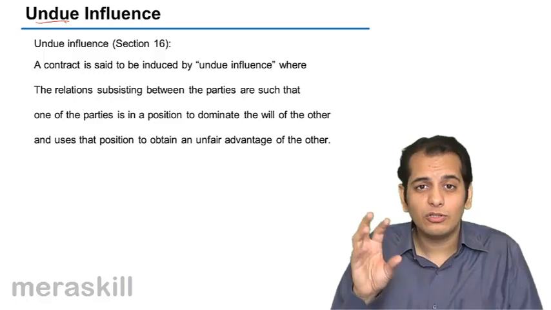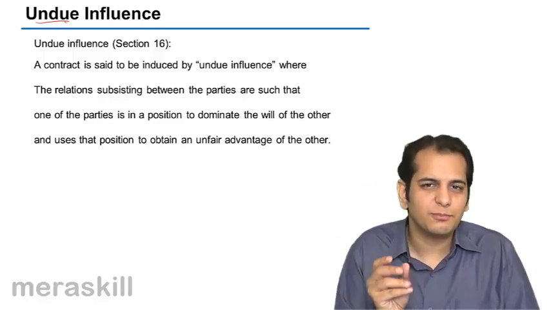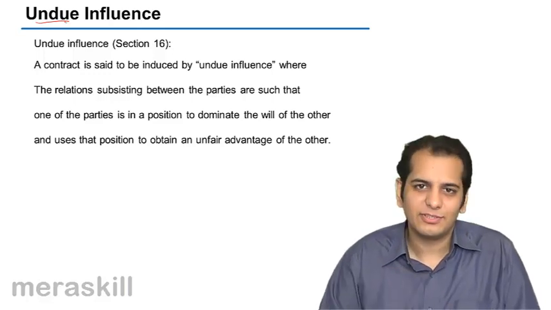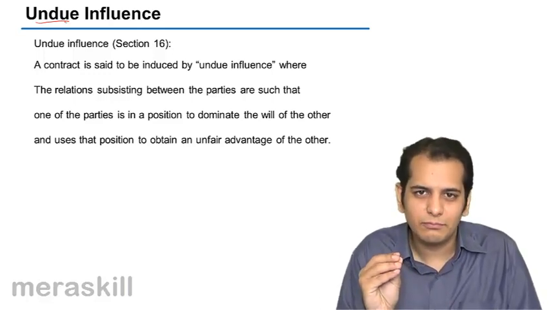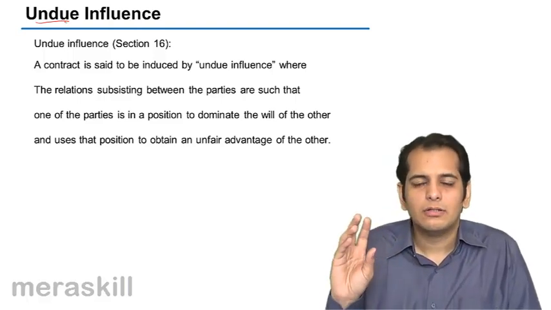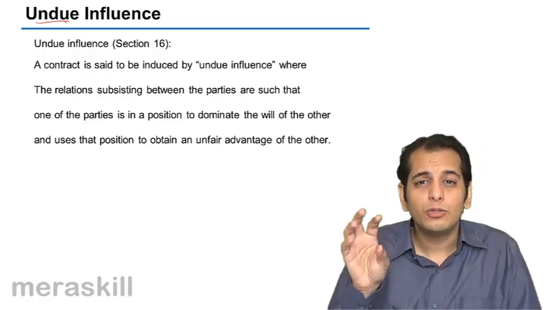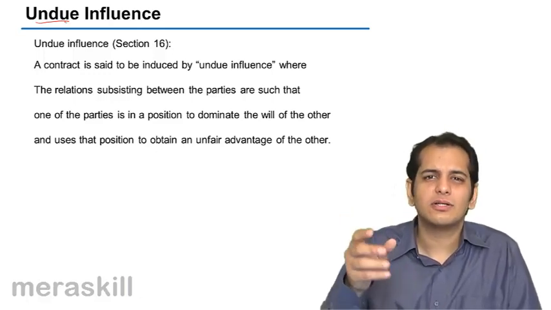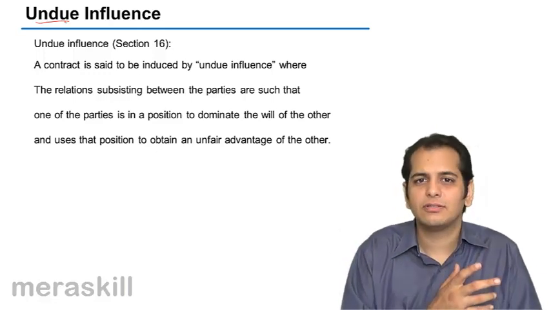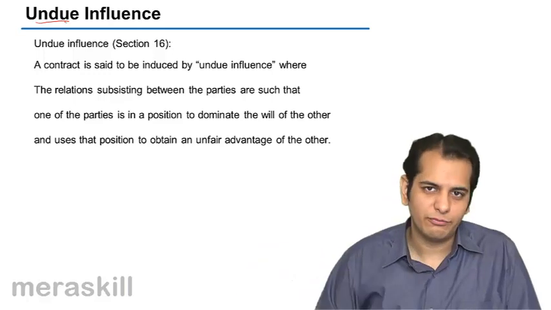Whereas coercion was putting physical pressure, undue influence is putting mental pressure. It's like emotional blackmail, or playing with the emotions. You put emotional pressure, psychological pressure, mental pressure. If you do so, it's called undue influence.